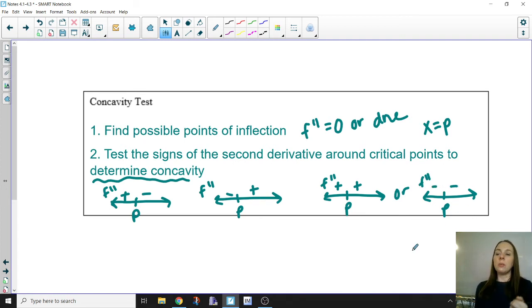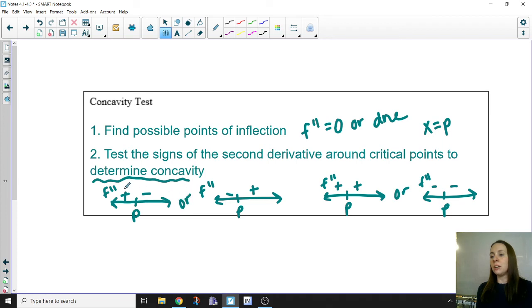But again, what you conclude from this information is very different. Whenever you do a concavity test, that is telling you the concavity of the function around the possible point of inflection, and it's only telling you whether this is a point of inflection or not.